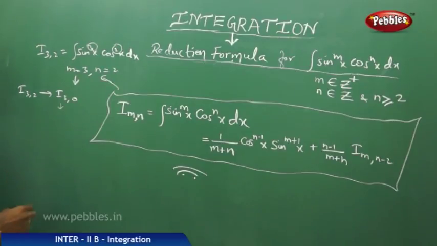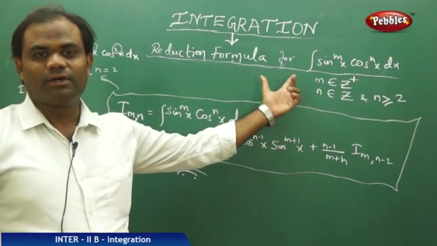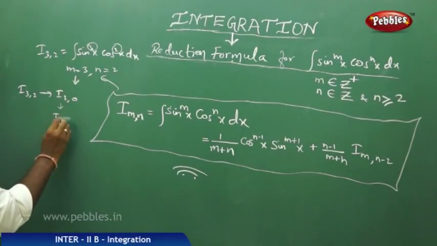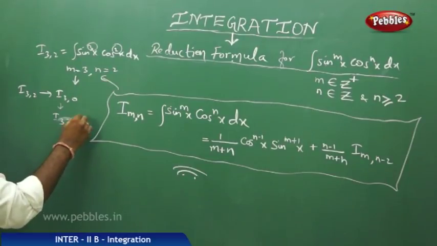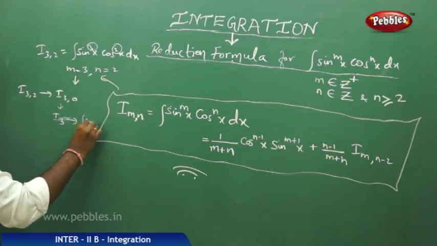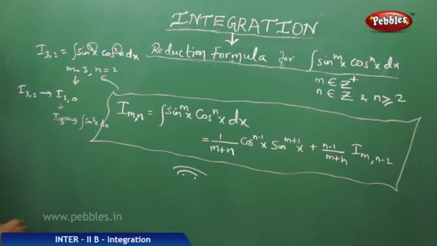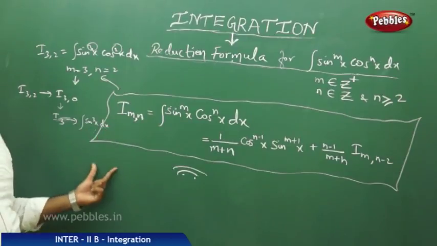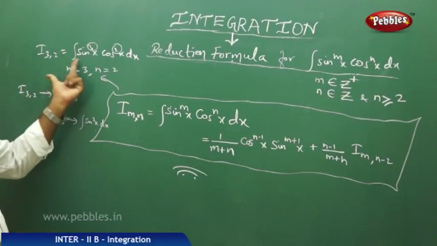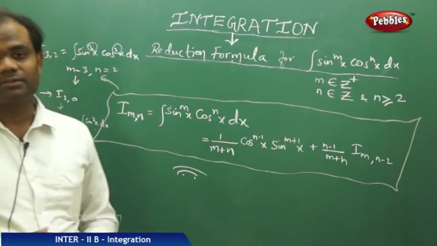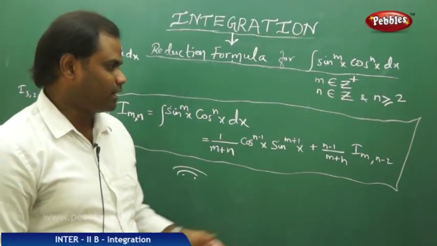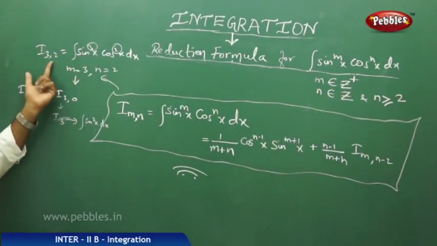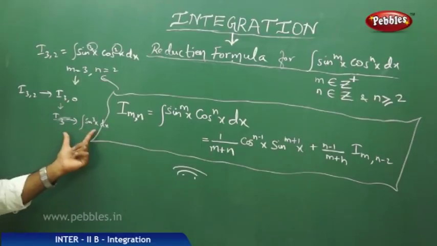Then I can use this with the previous session, where I30 is Im, that is I3, which is calculated using integral of sine cube x dx as done in the previous session. So Im is calculated and then the whole answer is obtained for I32. So reduction of n is connected with m in the whole problem in this manner, say for example I32.